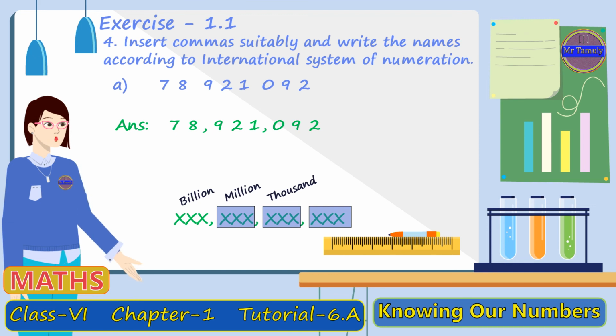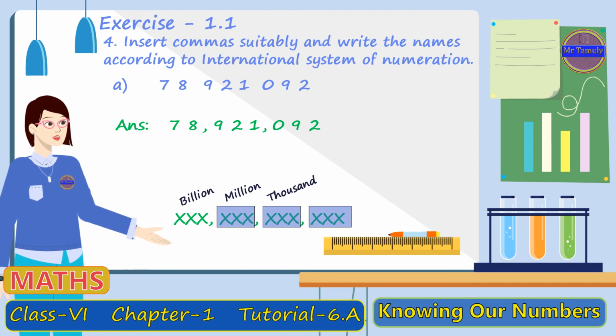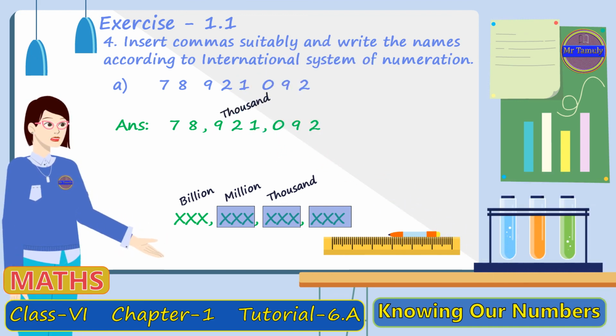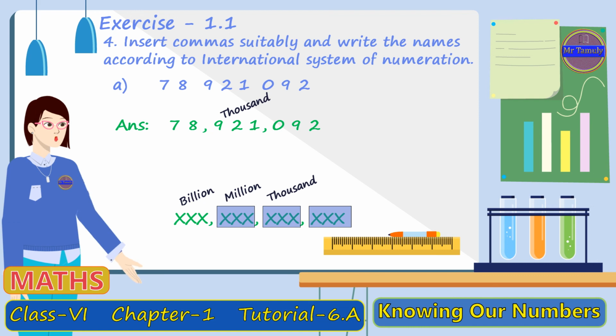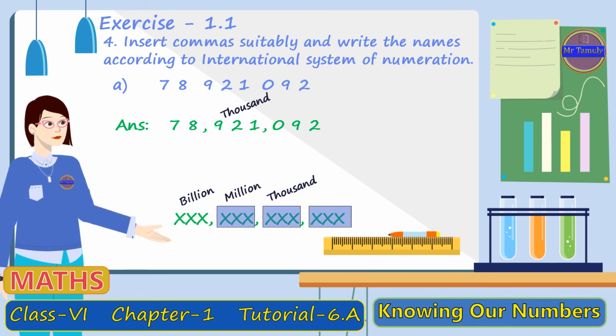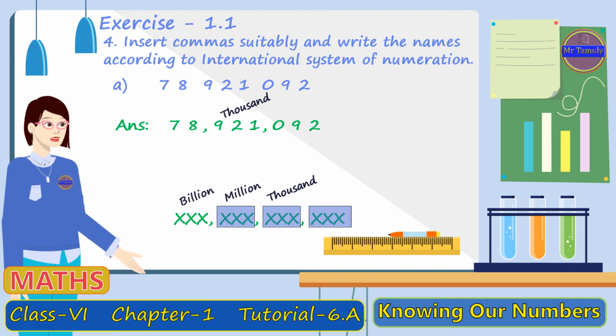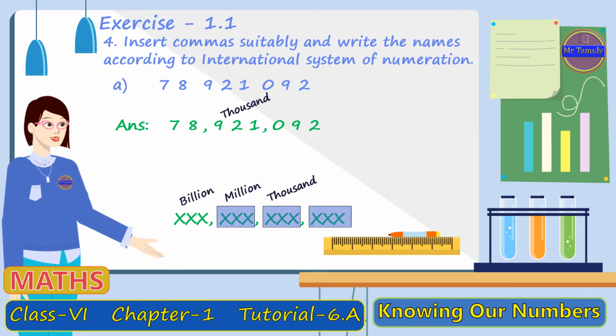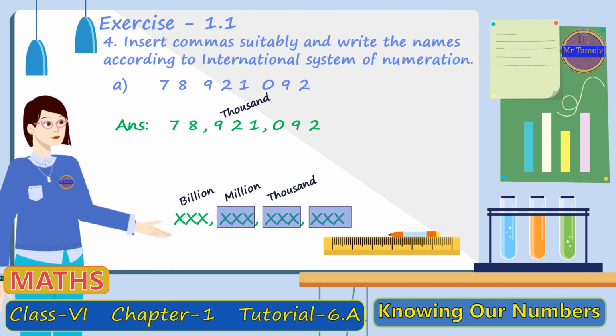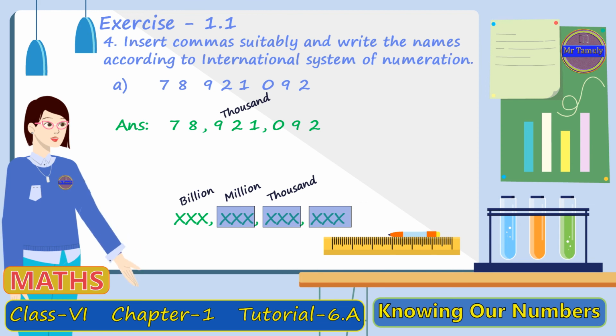Please note that these 3 digits together have the name thousand. Now we have only 2 digits on the left of the last comma, so there is no need to insert any more commas. Had there been more than 3 digits to the left of the comma, we would have been required to insert one more comma after the 3rd digit from the last comma. So placing of commas in our number is done.